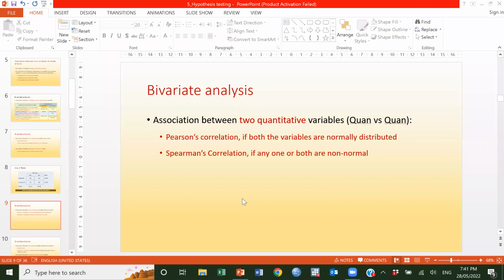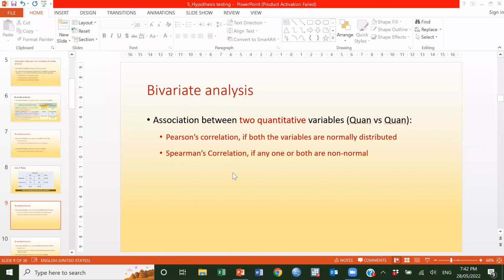Correlation particularly helps us to identify whether these two quantitative variables are associated or not in terms of linear relationship. And to find correlation between two quantitative variables, we use Pearson correlation.